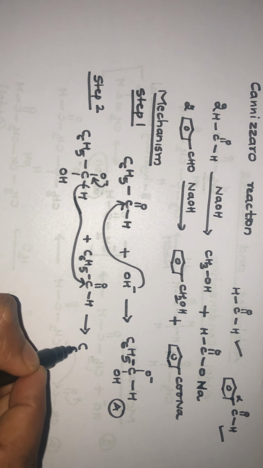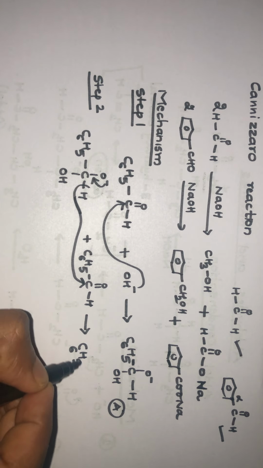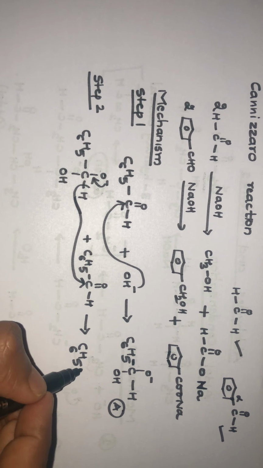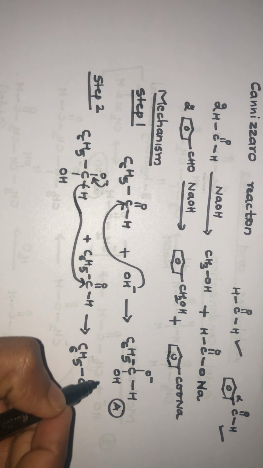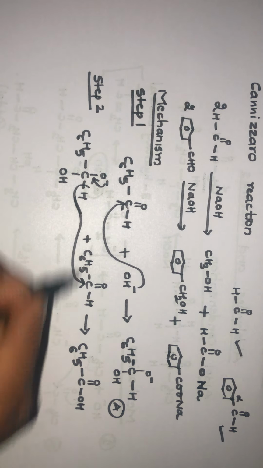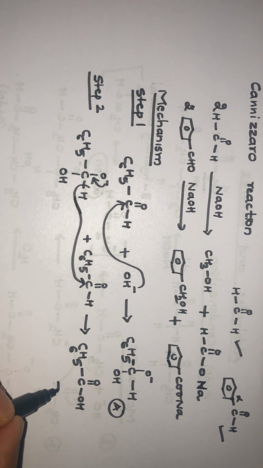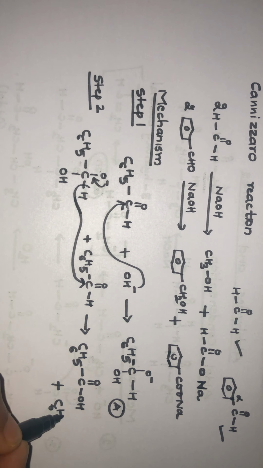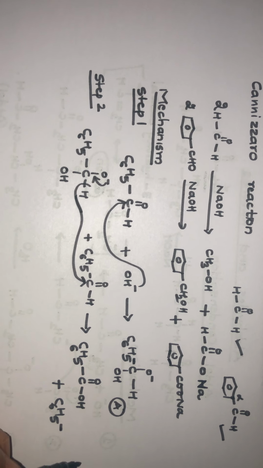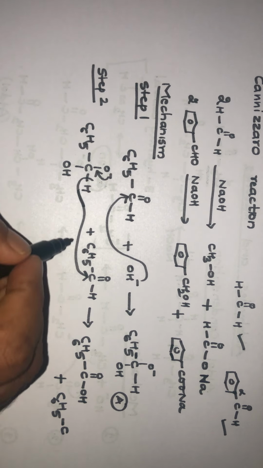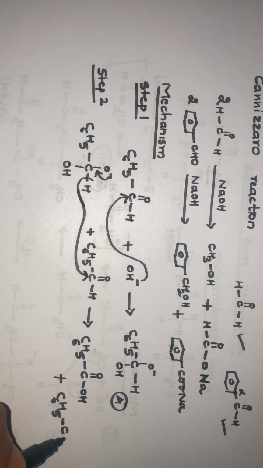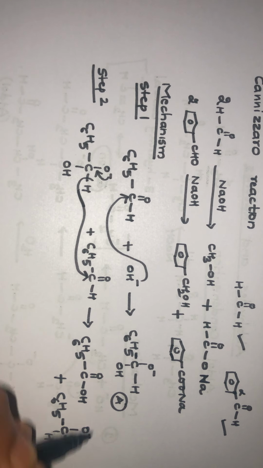Look at this, C6H5 C double bond O OH, plus this one, C6H5 C, where the hydride ion transfer takes place. You have H, and O minus is what I get.